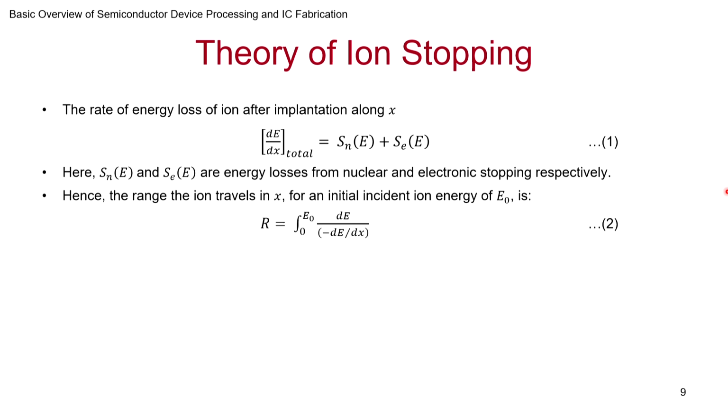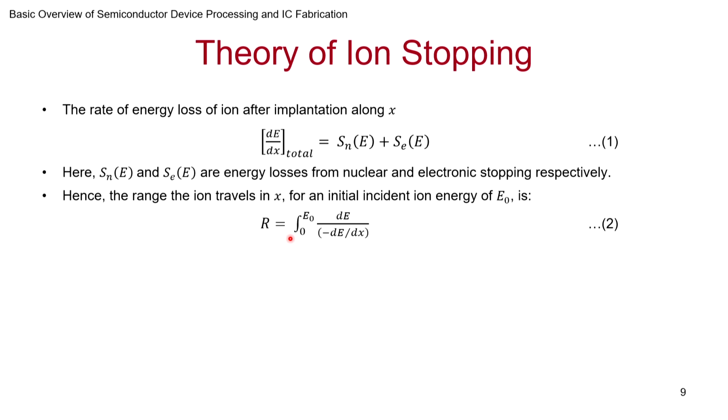Now, what is the distance it goes? That can be found out by integrating the whole thing. Once you integrate it with components in the x direction, you will be able to find how far it goes, and the projected range also you can find out.